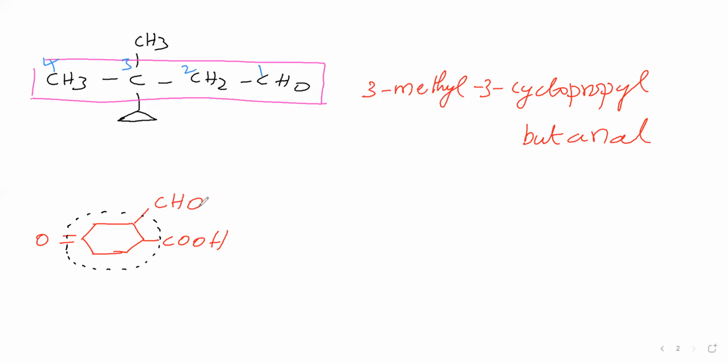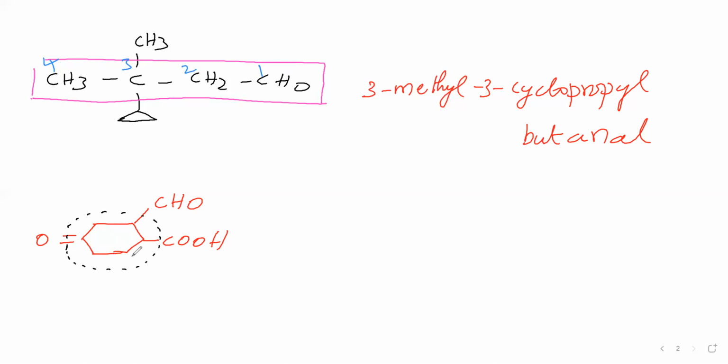Sir, then what about this ketone? This ketone also we will take as a branch, a substituent. We will take carboxylic acid as the main functional group, this aldehyde a substituent, this ketone a substituent, and the parent we will consider as this cyclic ring.